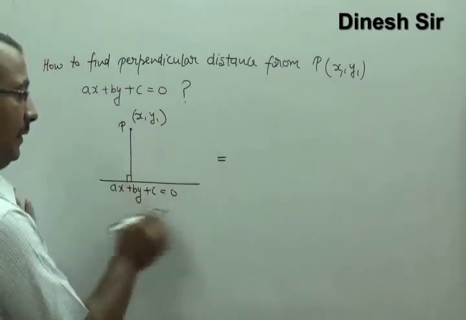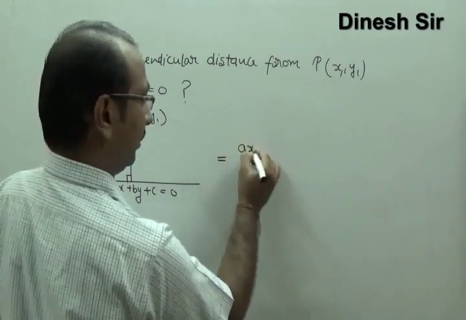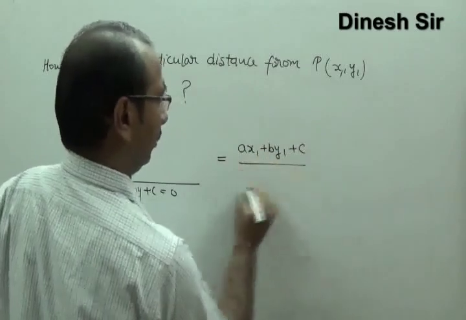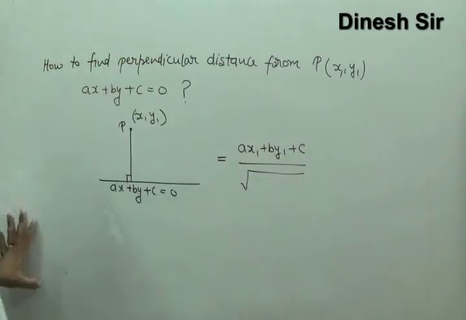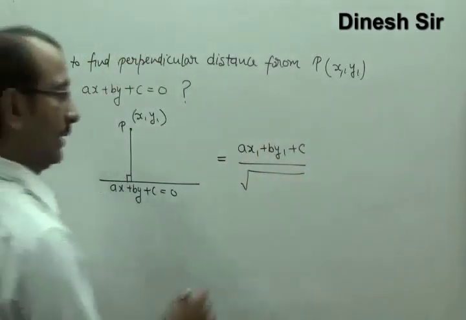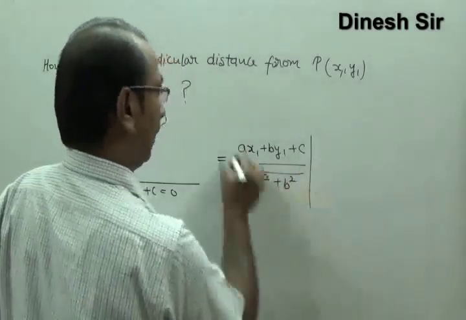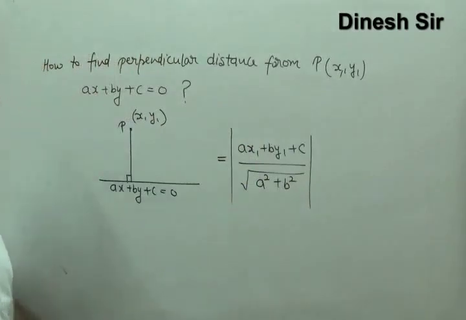Put this x1, y1 in the line, so you make it as ax1 + by1 + c upon under root of the sum of squares of the coefficients of x and y, that is root of a square plus b square. So the distance between this point and this line is (ax1 + by1 + c) upon root of (a square plus b square). That is the perpendicular distance from this point over the line.